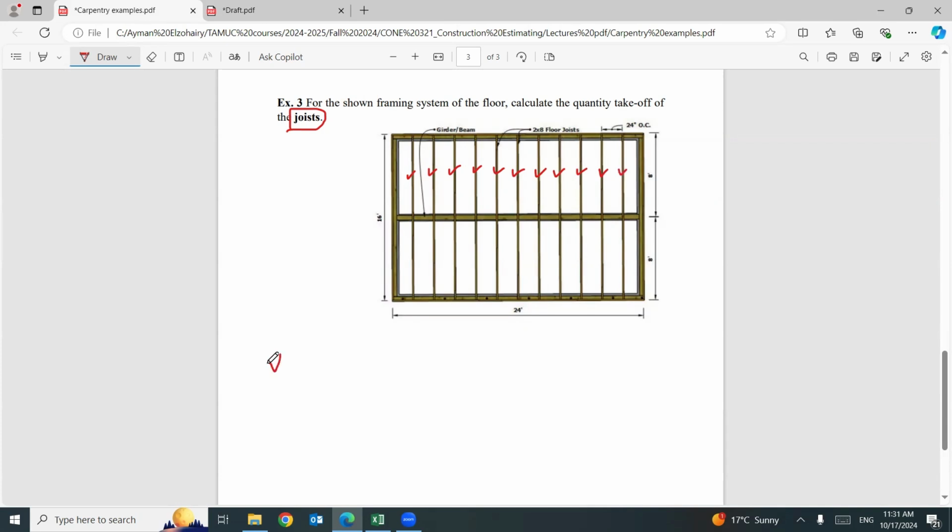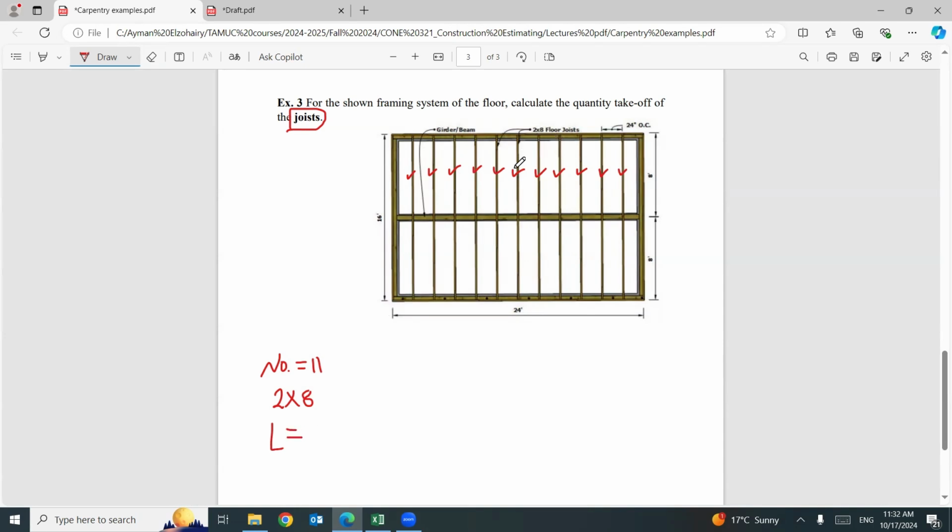So we have the number of joists equal 11. And these joists are 2 by 8. So the cross section is 2 inch by 8 inch. Does that make sense?